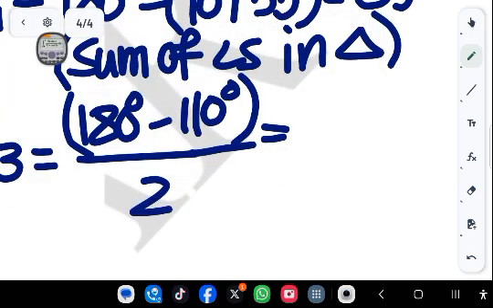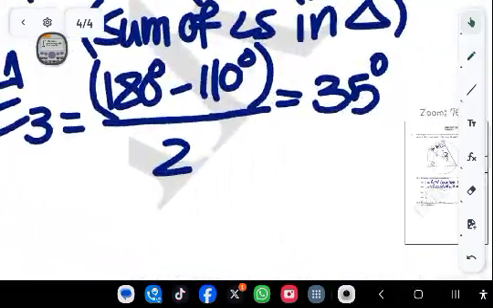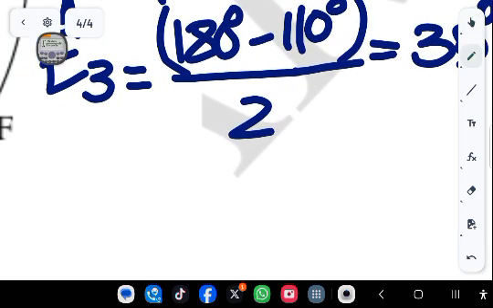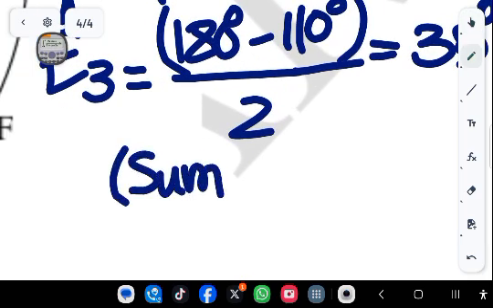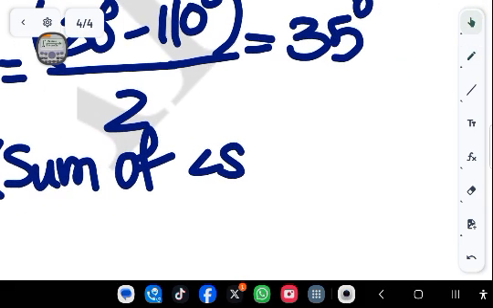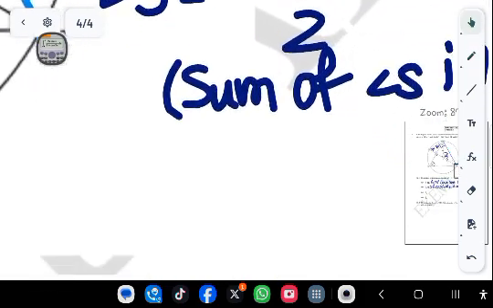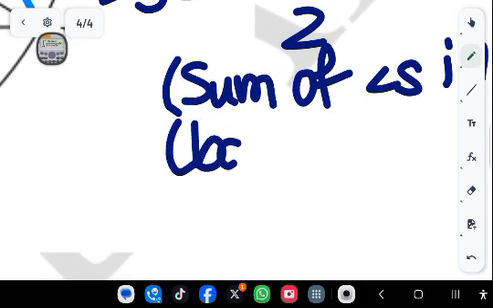So that gives us 35 degrees, and the reason is base angles of an isosceles triangle. Or you can say sum of angles in a triangle, or base angles isosceles triangle as well.